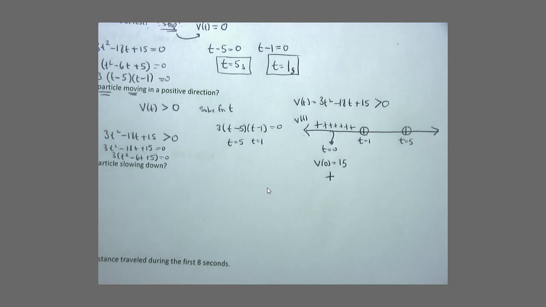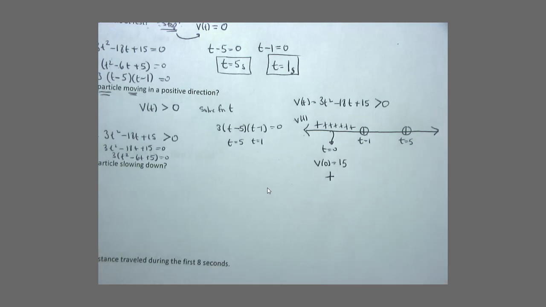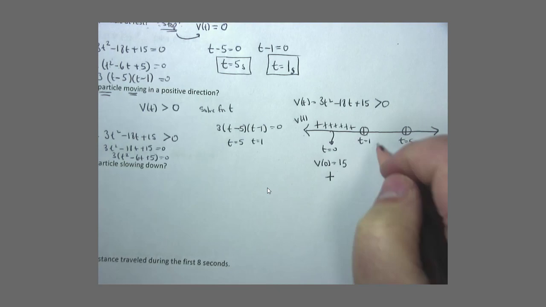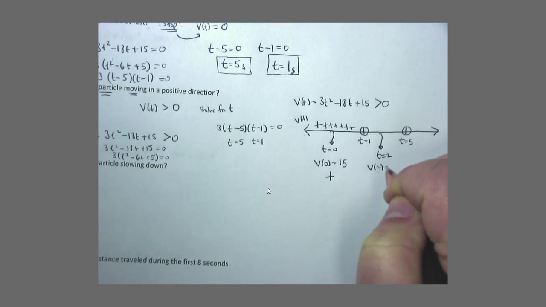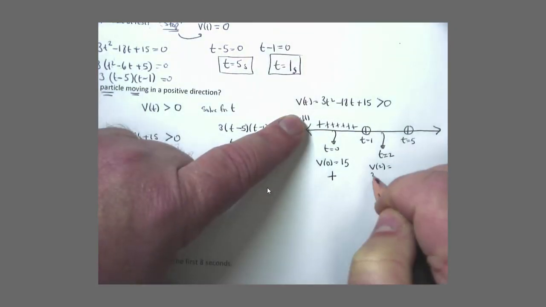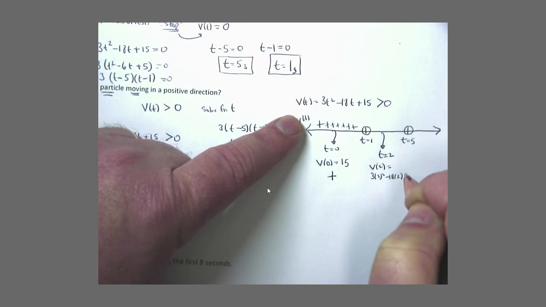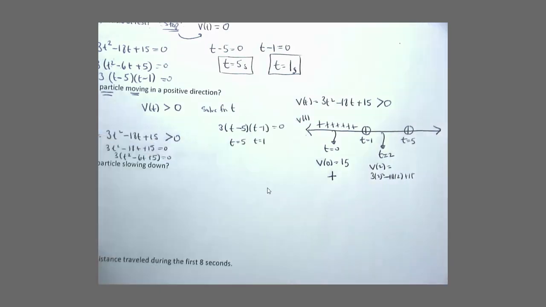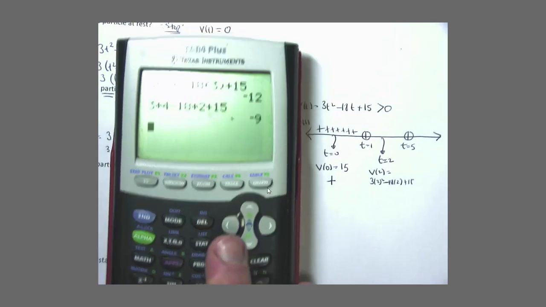Same idea on the interval between 1 and 5. Pick a number between 1 and 5. I choose 2. Time equals 2. I'm going to do v of 2, which equals 3 times 2 squared minus 18 times 2 plus 15. 3 times 2 squared is 3 times 4, which is 12, minus 18 times 2 plus 15, and I get a negative 9 on my calculator.